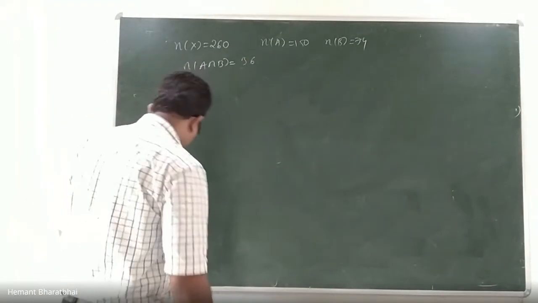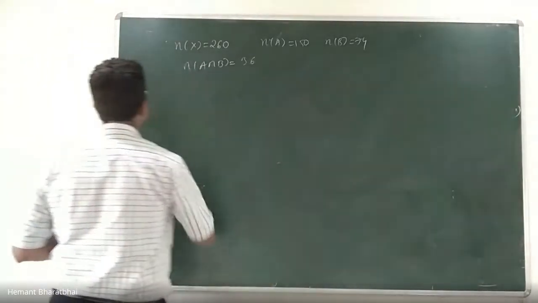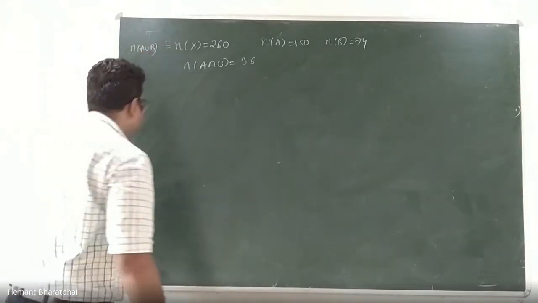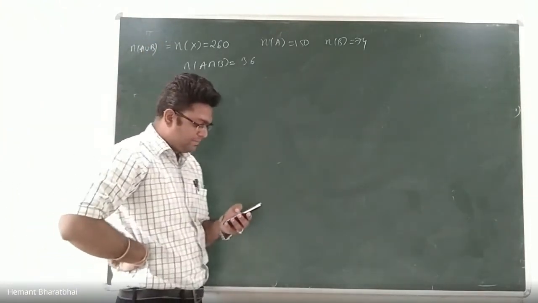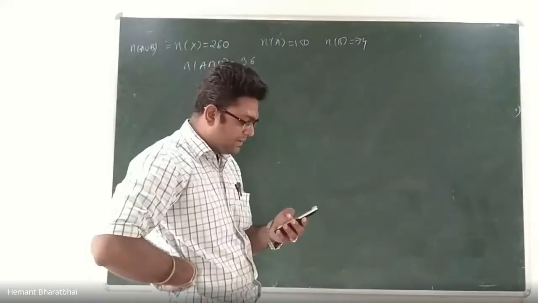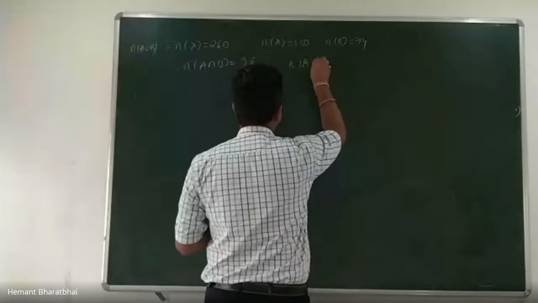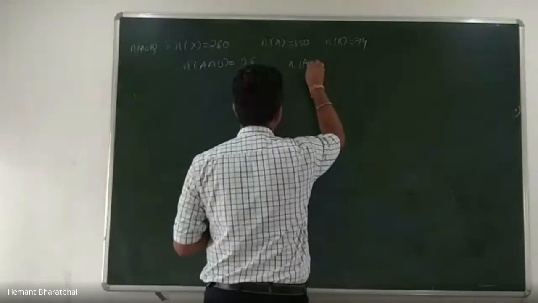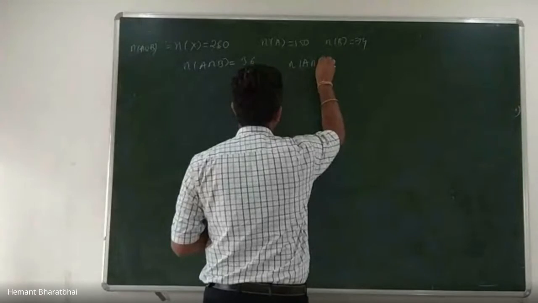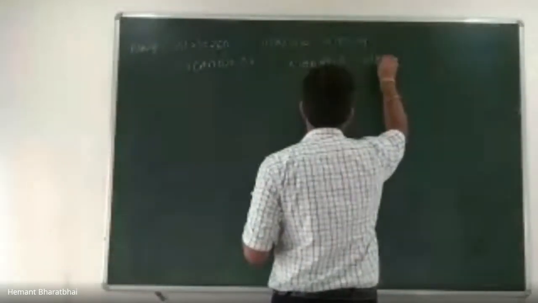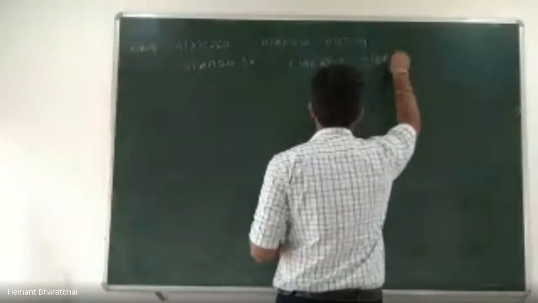To find out the number of persons exposed to, so what is it saying? A but not B means A and not B. Similarly, B and not A. So B and means intersection, not A means A complement.